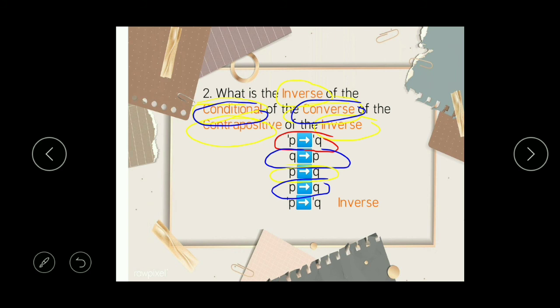Next, we will find its inverse statement. How do we make our statement an inverse statement? We put a negation.